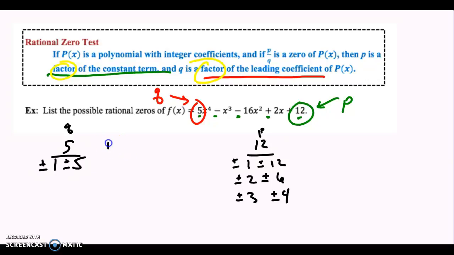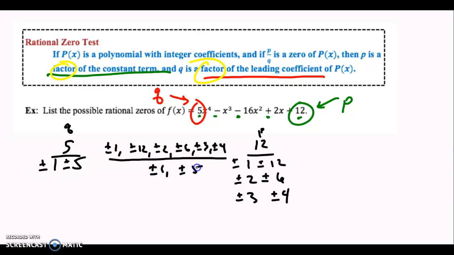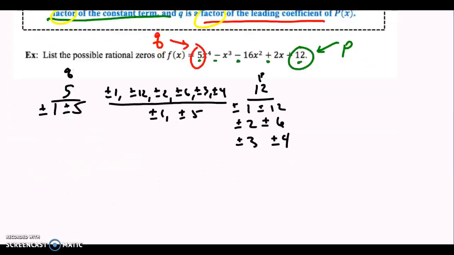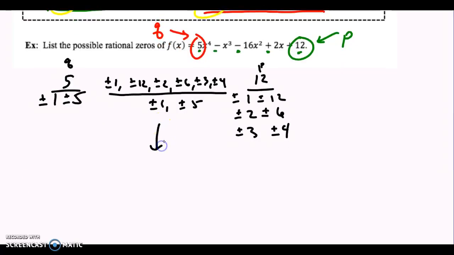So I take all these factors of p. Oh my goodness, this is too much, Mr. Lakin. And I divide all these factors by q. Then what I get is a lot of numbers.